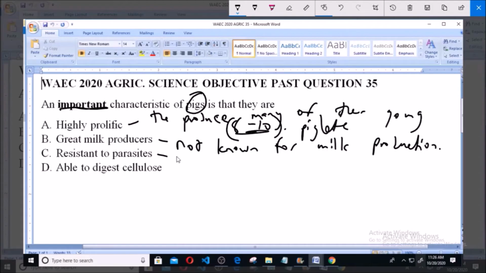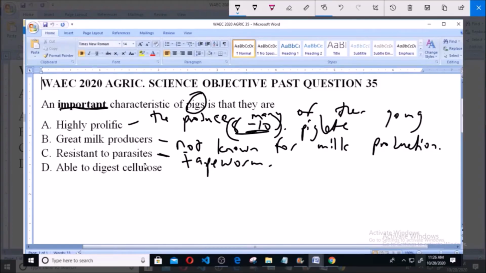Now resistance to parasites is one of the characteristics of pigs, but it is not recognized as a major characteristic in pig management. It is not considered in pig management. In fact, the meat of pig, that is pork, is associated with tapeworm.